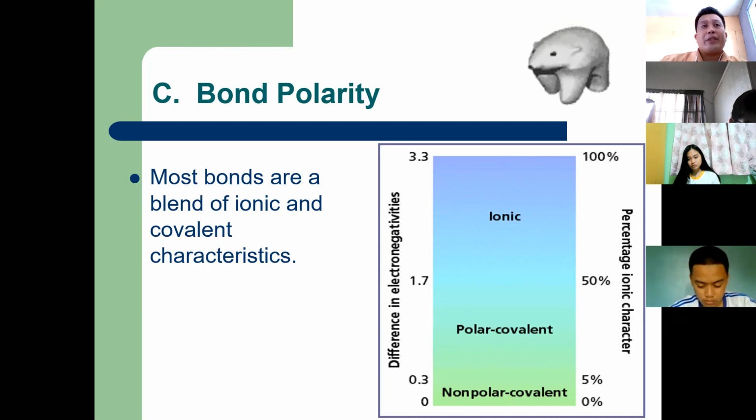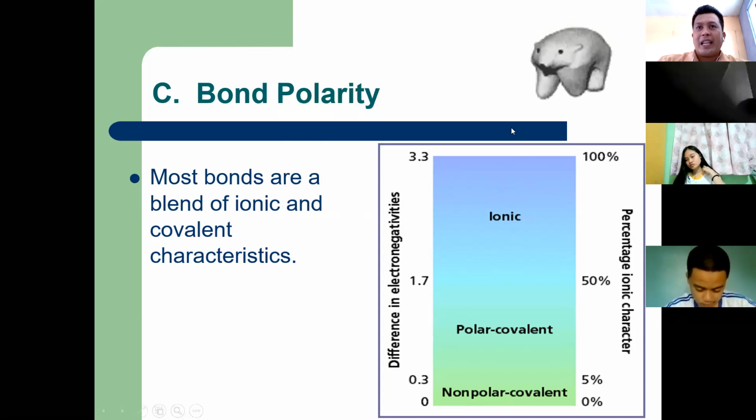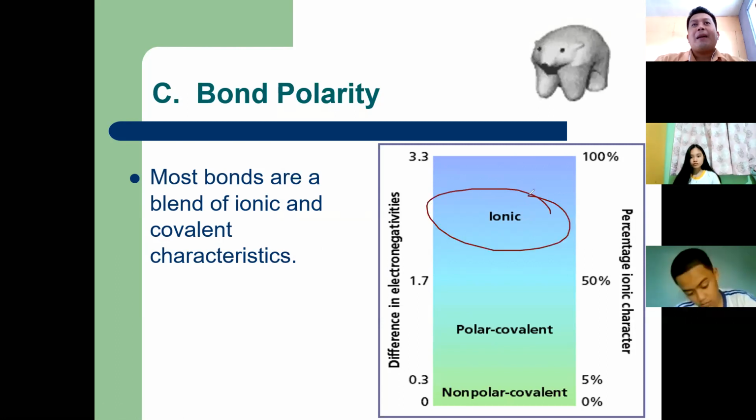Sir, do we have an ionic bond in a polar covalent bond? The idea of this ionic class here is that the bond is covalent, but it exhibits an ionic behavior because of the high polarity between the two or more elements present in the compound.